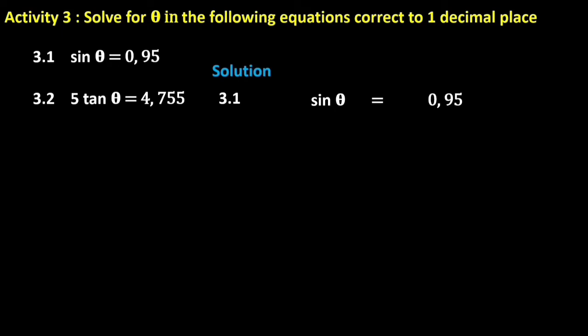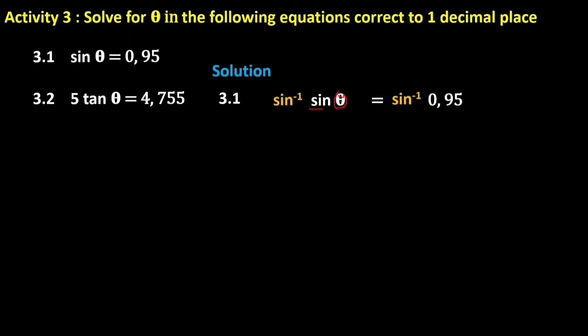On our calculator, this will be the same as pressing shift and sine. So on the left hand side, we find the inverse of sine and apply it to sine. We're going to get rid of the sine and remain with theta on the left hand side.